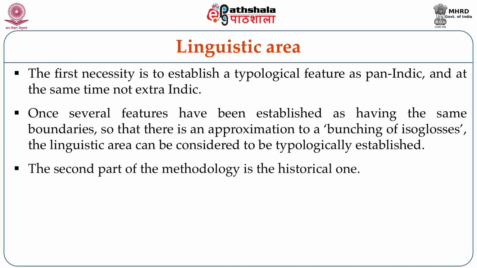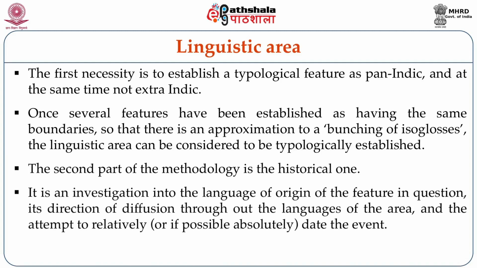The second part of the methodology is a historical one. It is an investigation into the language of origin of the feature in question, its direction of diffusion throughout the languages of the area, and the attempt to relatively or, if possible, absolutely date the event.